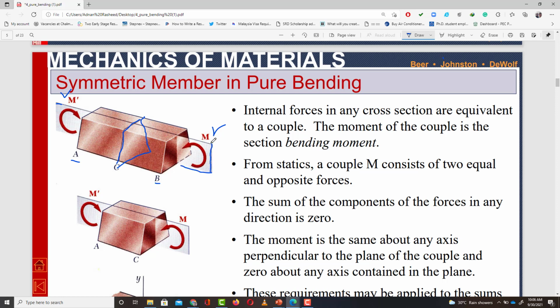This plane is a longitudinal plane, and this couple is acting on this longitudinal plane. So this is a beam acted upon by a couple in the same longitudinal plane.